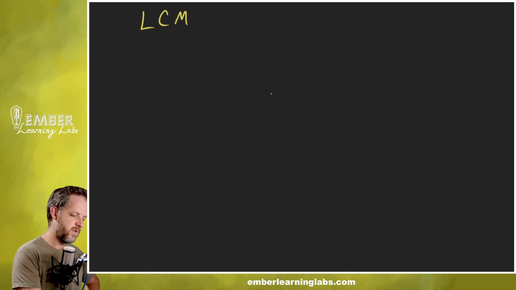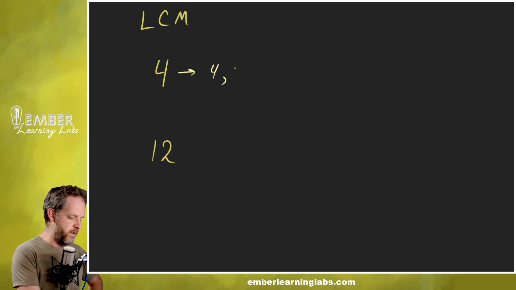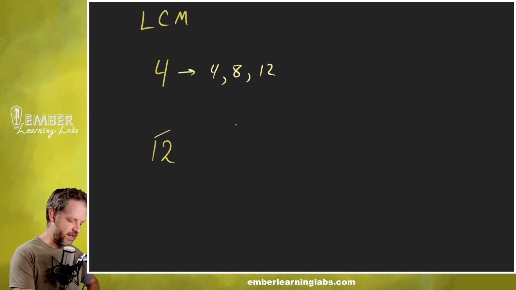Let's look at the LCM, or least common multiple, between 4 and 12. Let's list them. I like to list the ones for the smaller number first. You don't have to, but I like to do it that way. The multiples of 4 are 4, 8, 12. 12, that matches. Look at that.